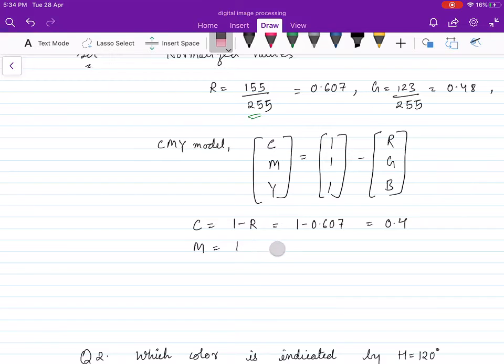Magenta is equal to 1 minus green, which is equal to 1 minus 0.48.